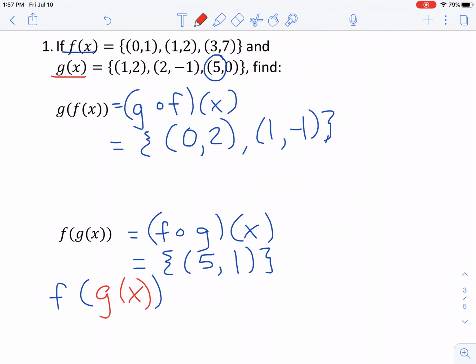Okay, so let's look at what happens when we use an equation. So if you have g of x being x squared minus 1 and h of x being x plus 1, and we want to find g of h of x, or plugging h into g, we want to know what g is at h of x, which was x plus 1.